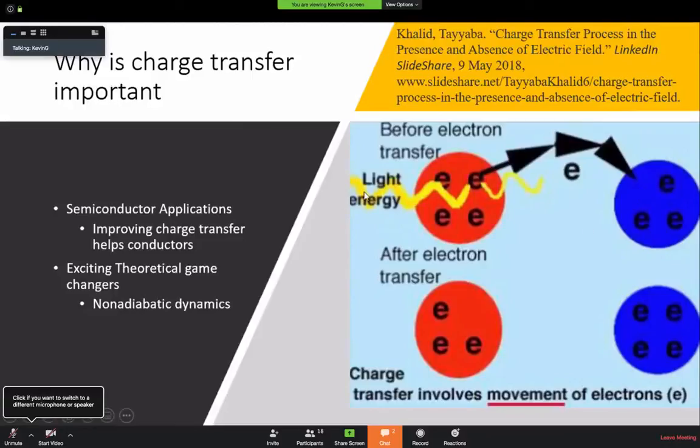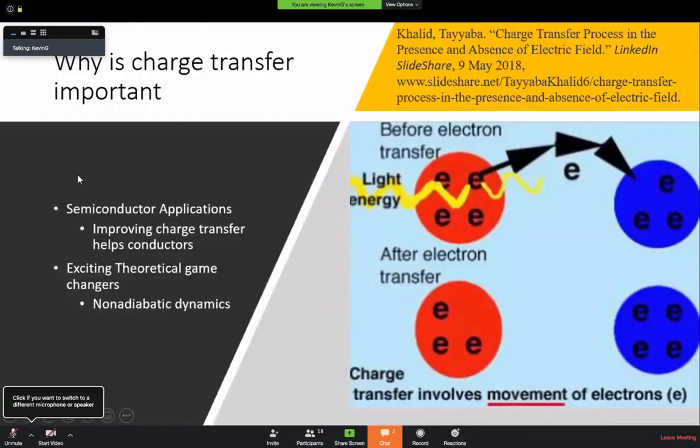You see light, and it's exciting this electron, and then this electron breaks free and travels to this hole. So after the electron transfer, this electron hole is filled. So charge transfer is simply the movement of electrons.